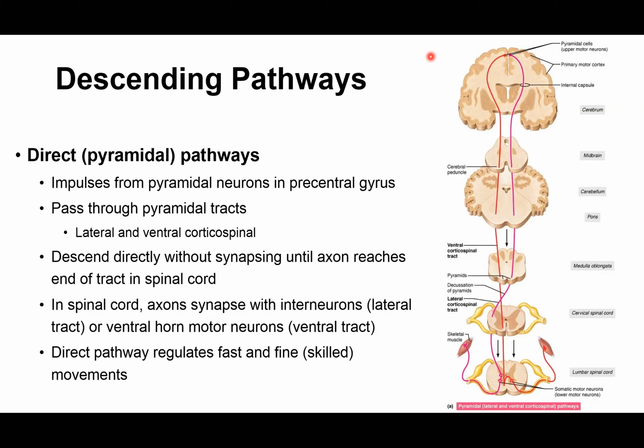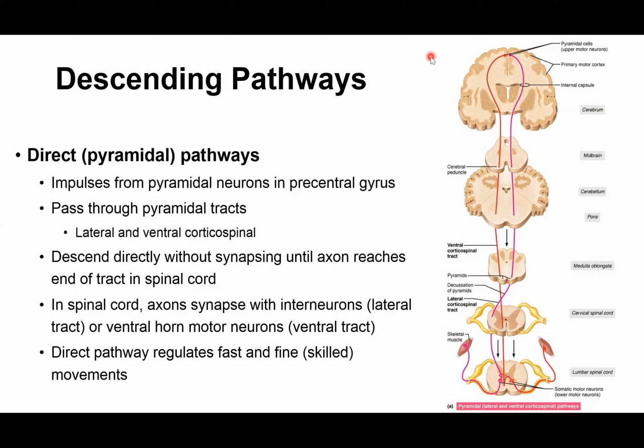And they descend directly without synapsing until the axon reaches the end of the tract in the spinal cord. And in the spinal cord, the axons are going to synapse with interneurons if we're talking about the lateral tract, or the axons are going to synapse with the ventral horn motor neurons if we're talking about the ventral tract. And so this pathway regulates really fast and fine skilled movements.